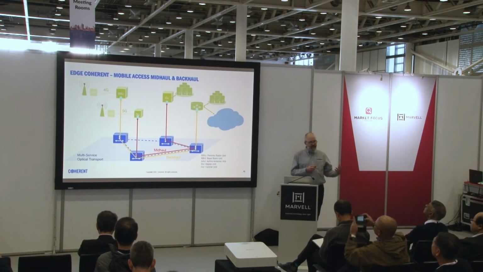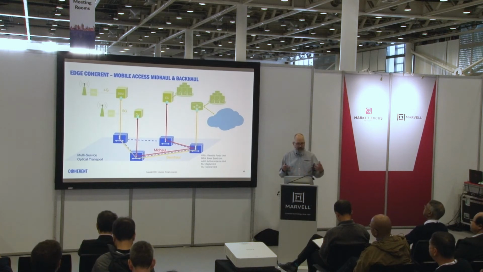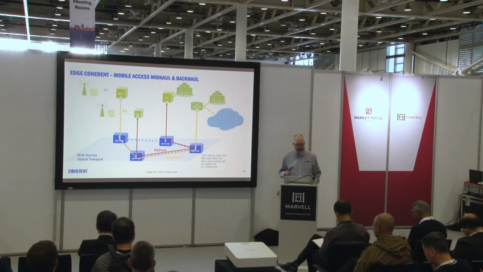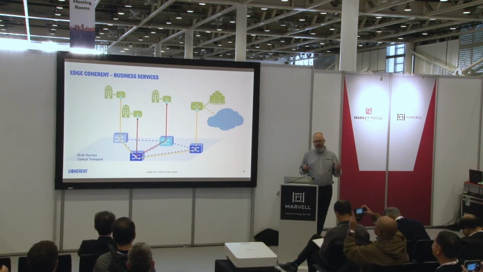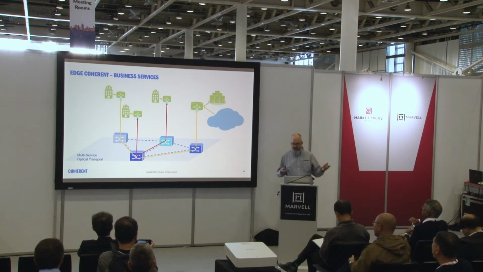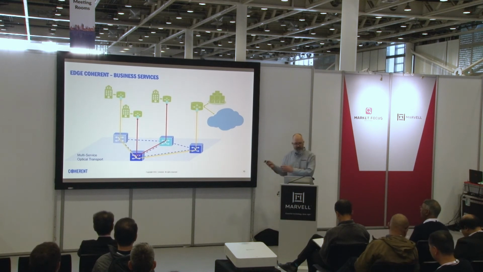We see needs in wireless, whether it's for backhaul or mid-haul, for 5G applications, for these high data rate connections at 100G over longer distances. Even business services where you're connecting different campuses of a business, or connecting an office location to a data center.